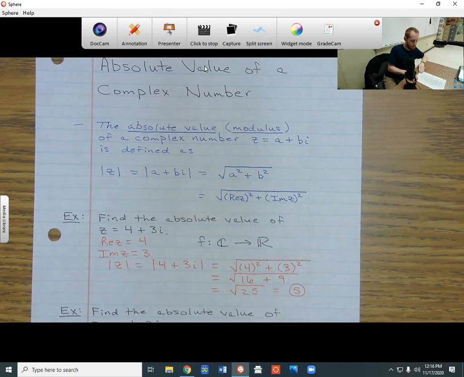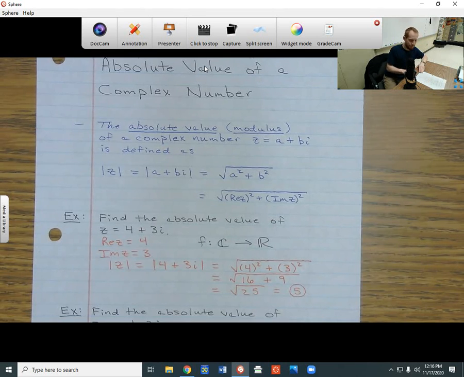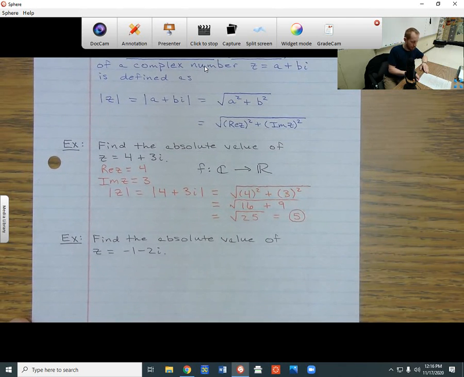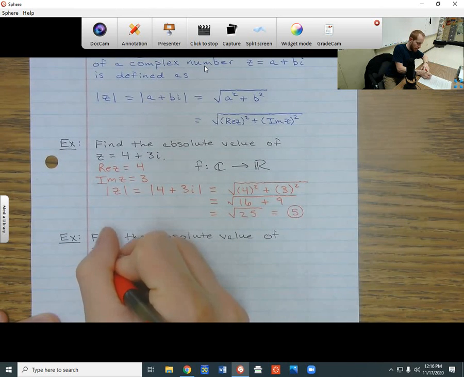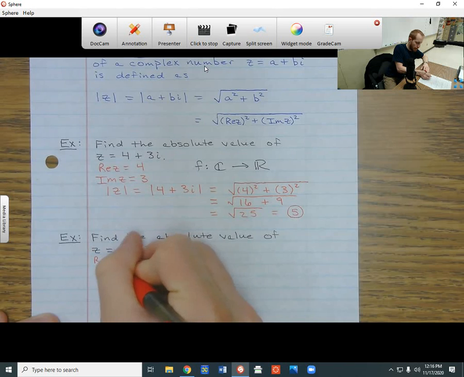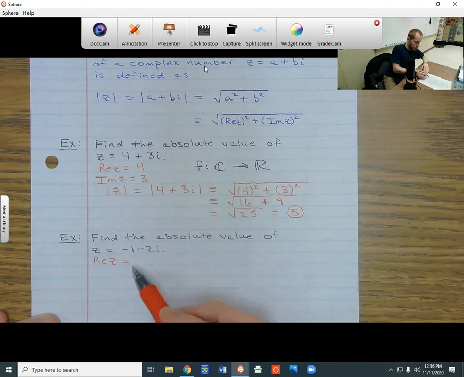I want to find the absolute value of negative 1 minus 2i. Just like before, I'm going to have a real part and an imaginary part. So my real part is whatever's not attached to the i. So the real part is negative 1 for this one. And the same way as last time, I can find the imaginary part, which is always attached to the i.